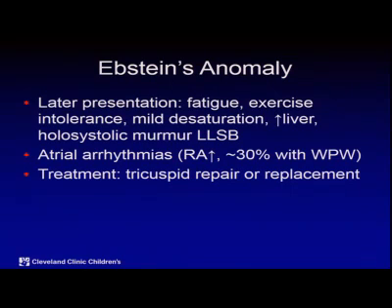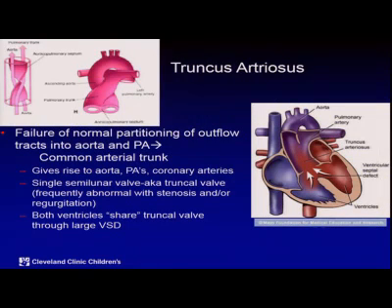They can have mild desaturation if they have some right-to-left shunting across the ASD. They have hepatomegaly and a holosystolic murmur of tricuspid regurgitation. If you leave them unrepaired, they can have significant right atrial enlargement and right atrial arrhythmias. And as Pete will probably mention, 30% will have WPW, and therefore they can have SVT. How do you repair them? By repairing the tricuspid valve.